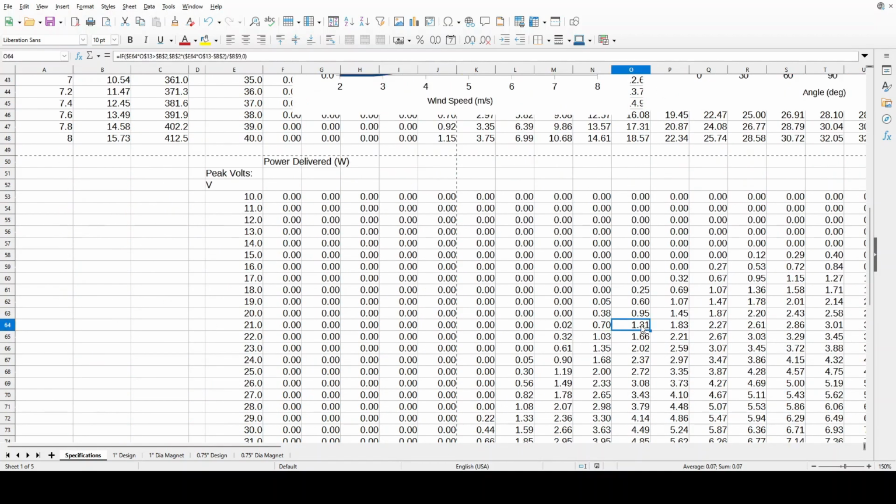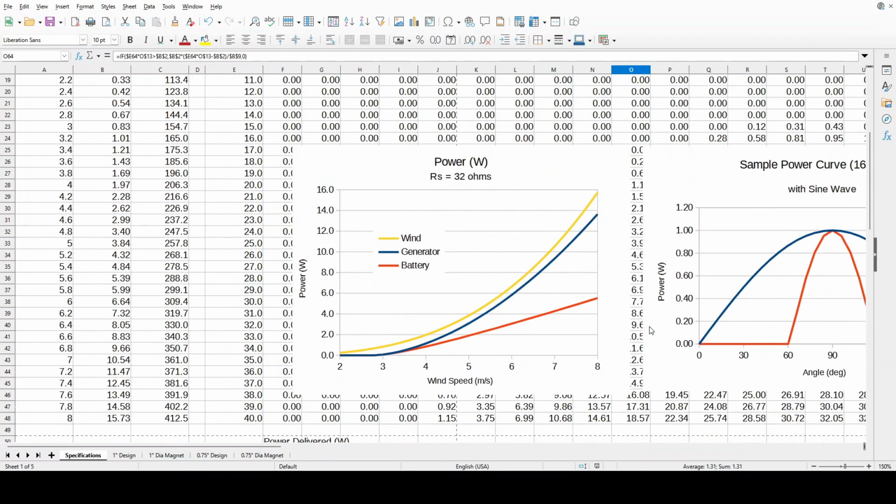The only difference in this case is that we multiply by the battery voltage instead of the open circuit voltage. So I have that plot here. Here's the power available from the turbine. Here's the power being consumed from the turbine by the generator, this blue line. And this is the power that's being delivered to the battery, this red line here.